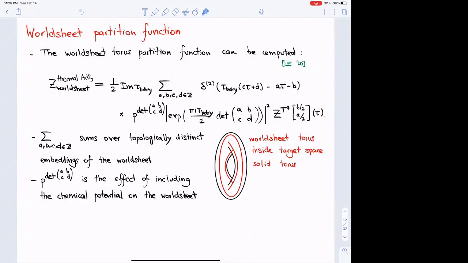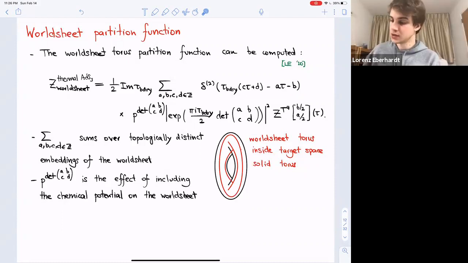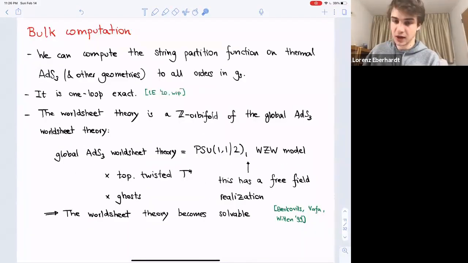I'm going back to Somanshit's question as to whether the supersymmetry is really necessary to argue for this localization on all the geometries. No, you can argue for it by just using this worldsheet theory plus the orbifold.